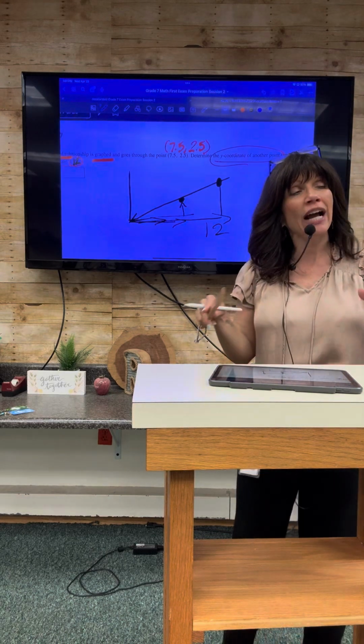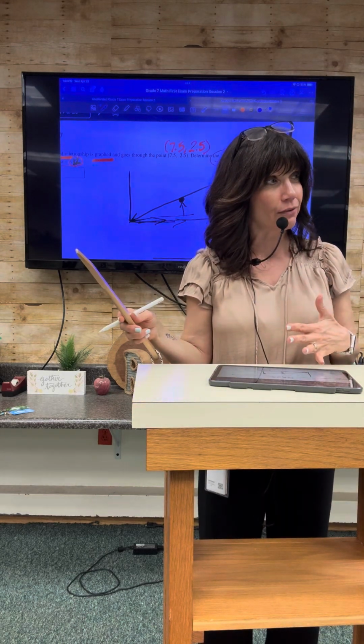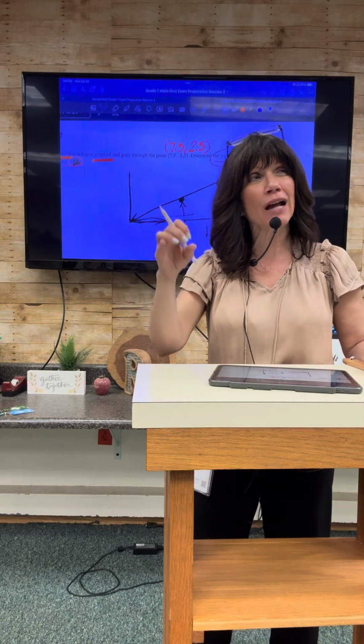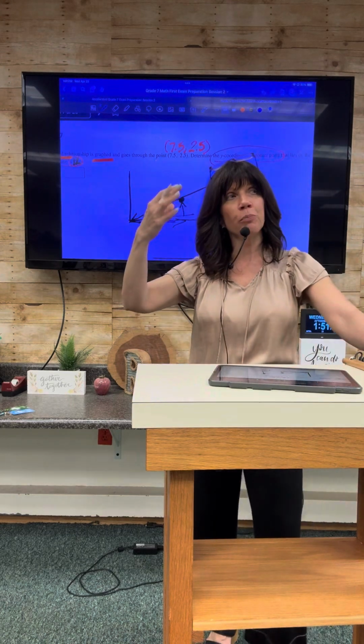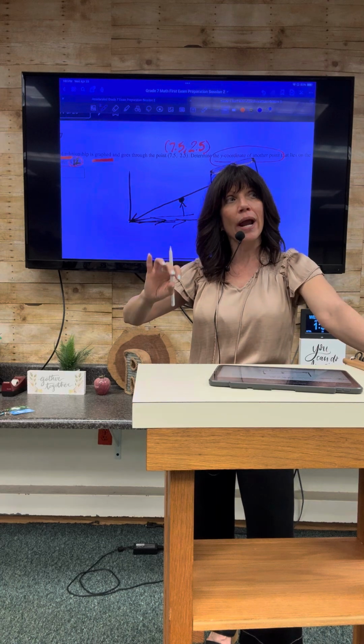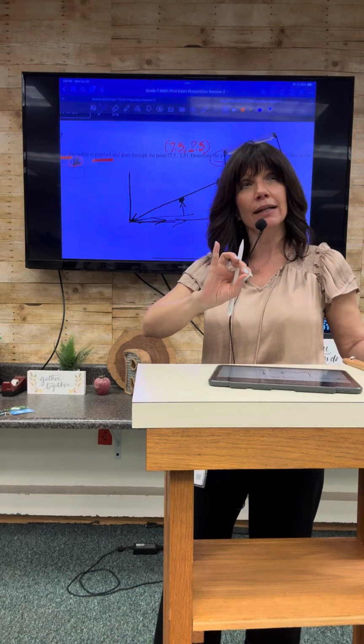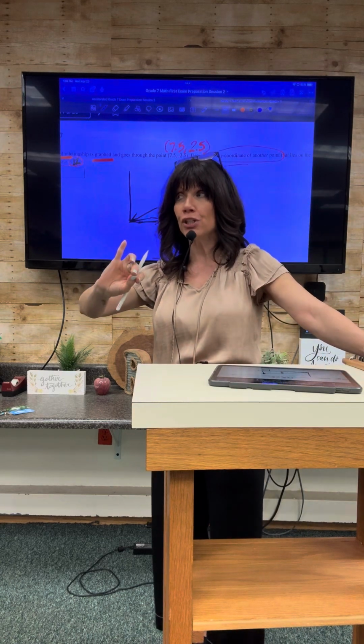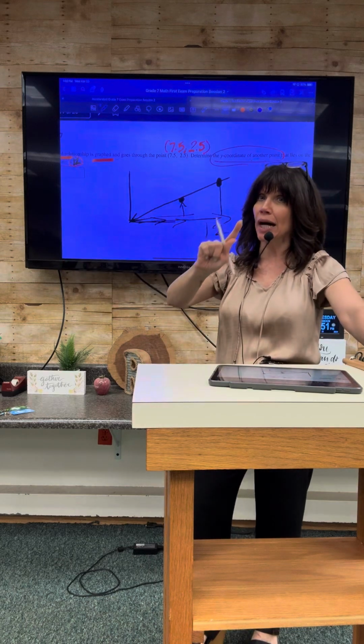Now, guys, you don't have to create this on a graph, but you have to mathematically determine how I can find another plotted point where the other plotted point is an equivalent ratio to my first plotted point.